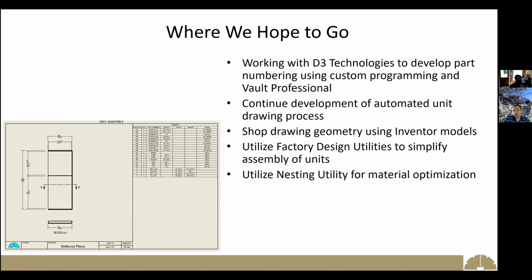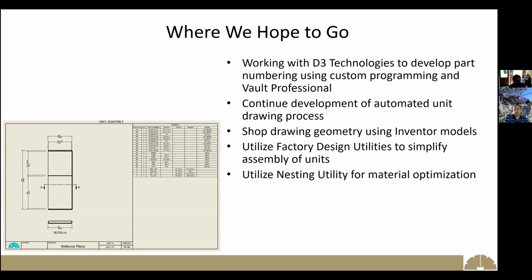The other thing listed there is factory design utilities, which is another add-on meant for designing factory layouts, but it's got some unique functionality where we can take a unit model and add what they call connectors to it, so that it's easy to place units and go around the building and place them where they need to go.